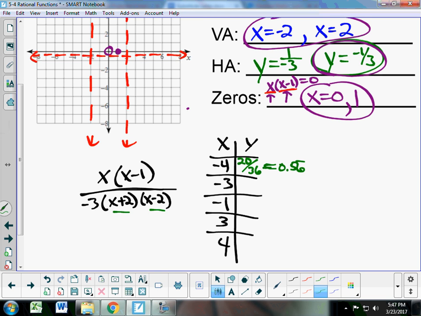Because it repeats. Okay, so for -3, you plug it in, -3 times -4, that'd be 12 on top. On the bottom, we'd have -3 times -1, that's +3 times -5 would be -15. So 12 divided by -15.